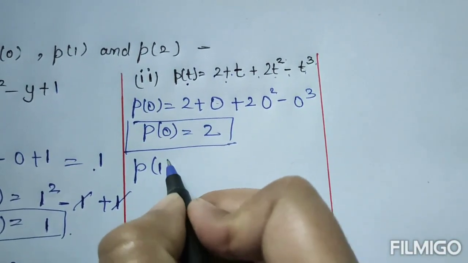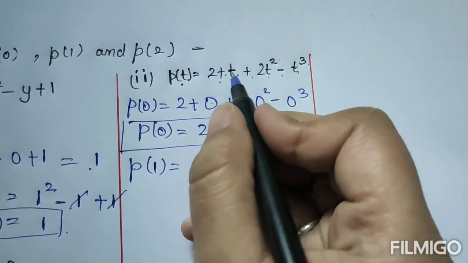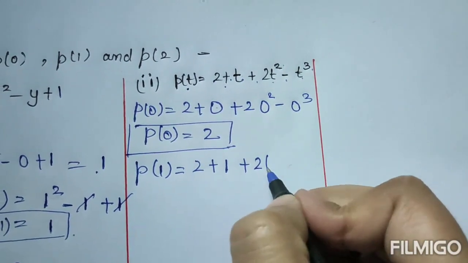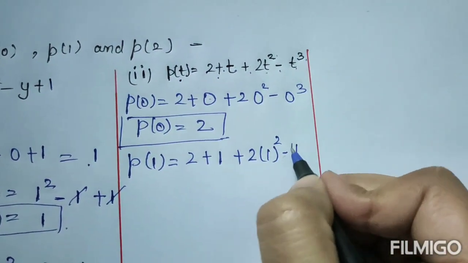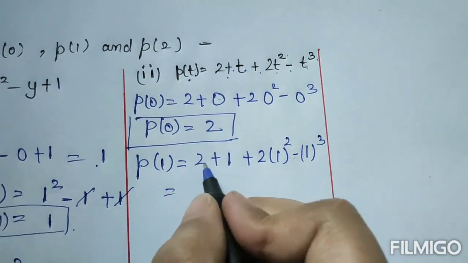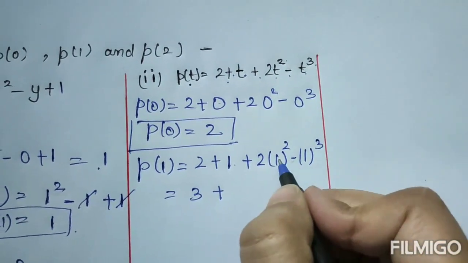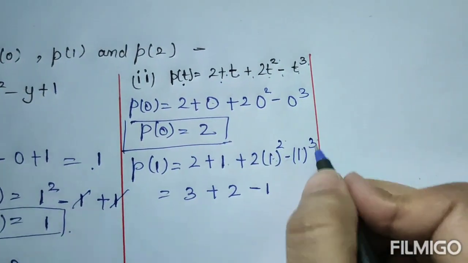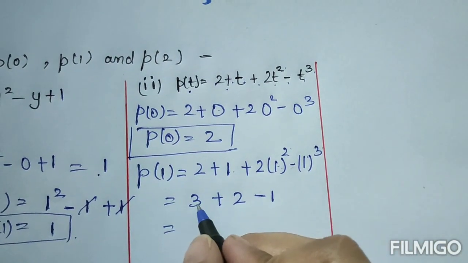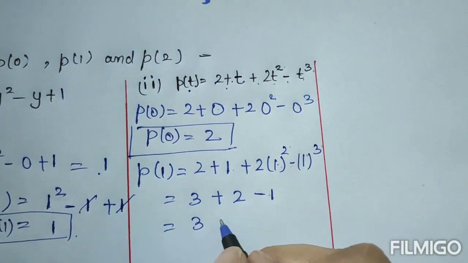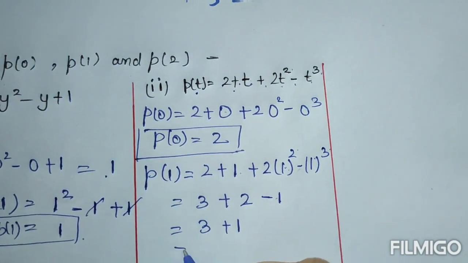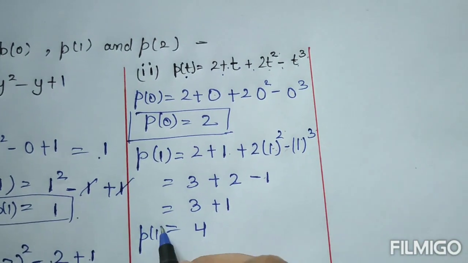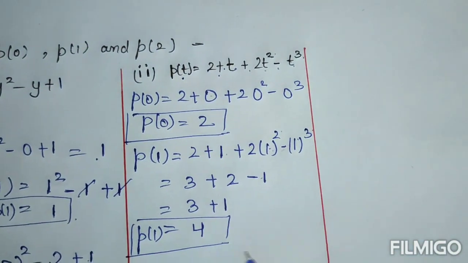Next you have to find p of 1, that is, put t equal to 1. 2 plus 1 plus 2 times 1 square minus 1 cube. So 2 plus 1 is 3, plus 1 square is 1 and 2 multiplied by 1 is 2, minus 1 cube is also 1. So 3 plus 2 minus 1 is 4. So p of 1 will be 4.